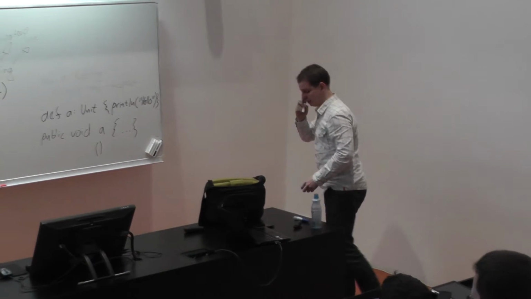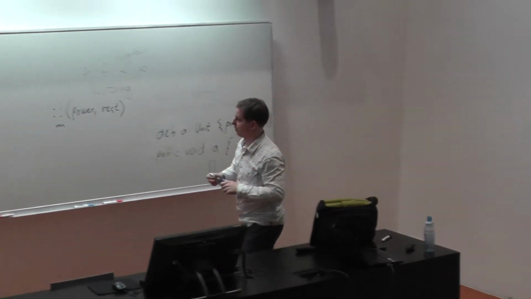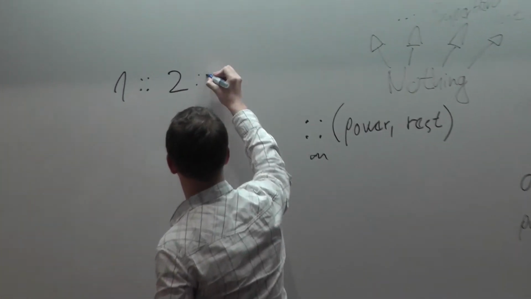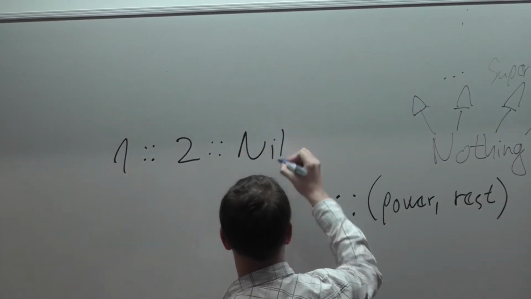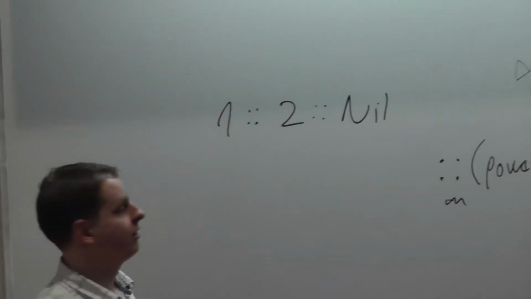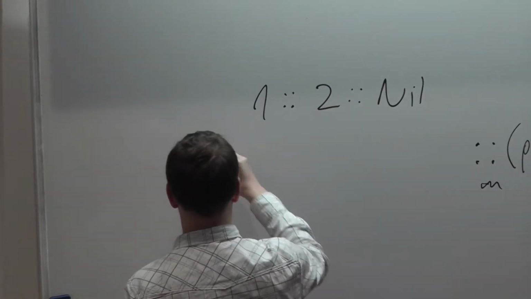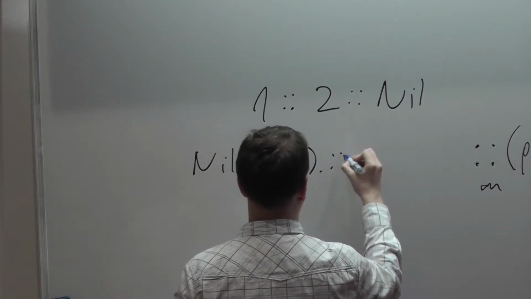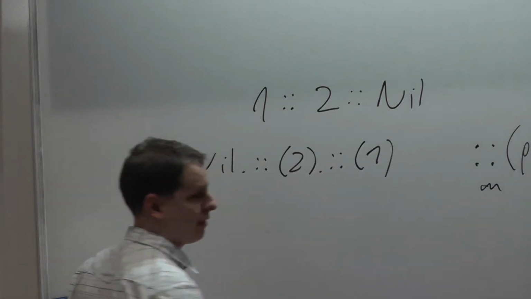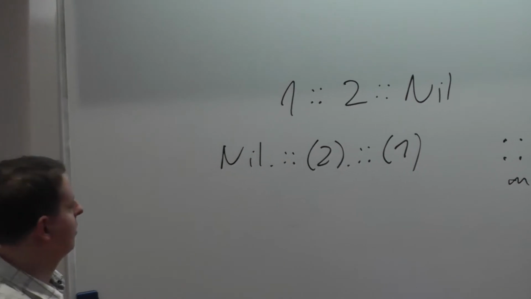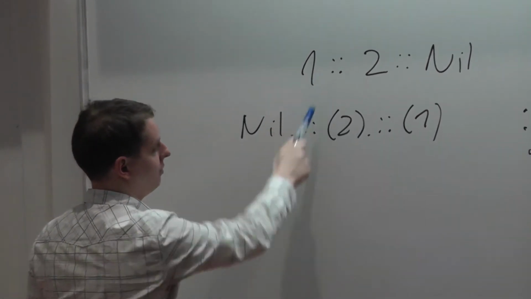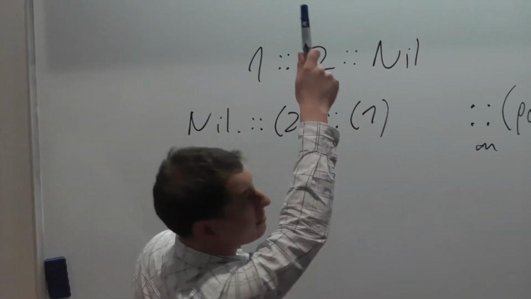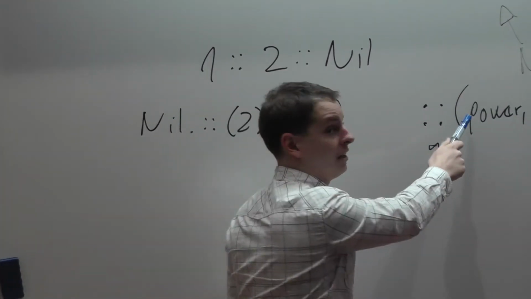So for example, it sounds good if you write 1 cons 2 cons Nil, which is the same as if you have written this. This is nicer. This is not. That is nicer. This is not.